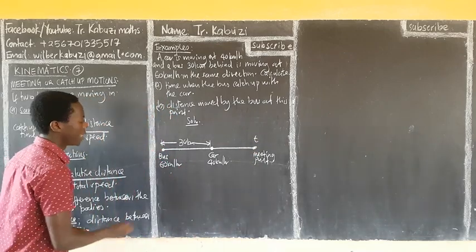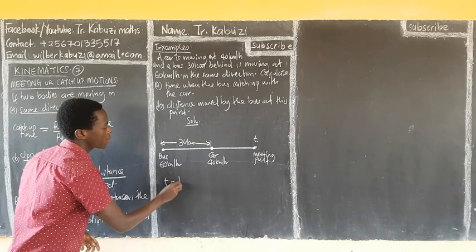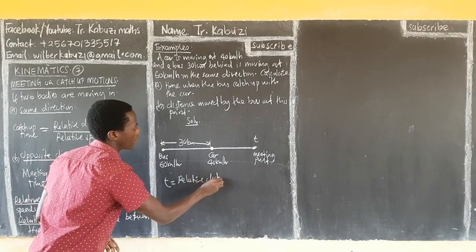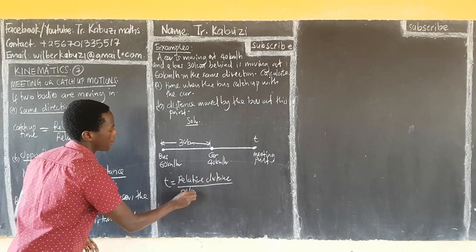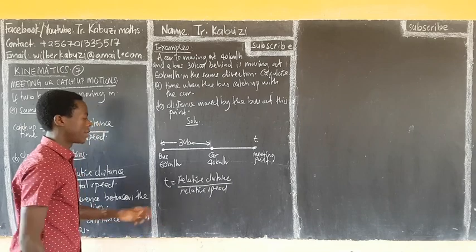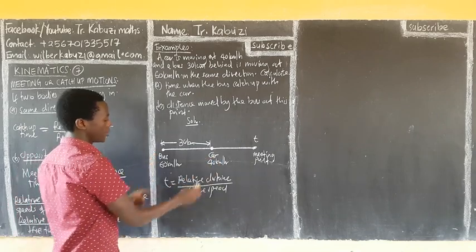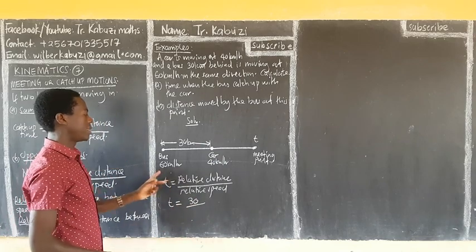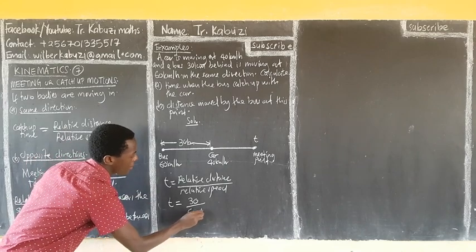It means that the time t is going to be the relative distance over the relative speed. So our time is going to be the distance between the two, 30, over the difference between the two speeds, 60 minus 40.